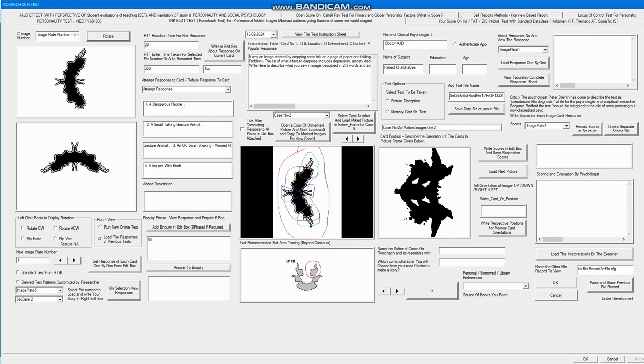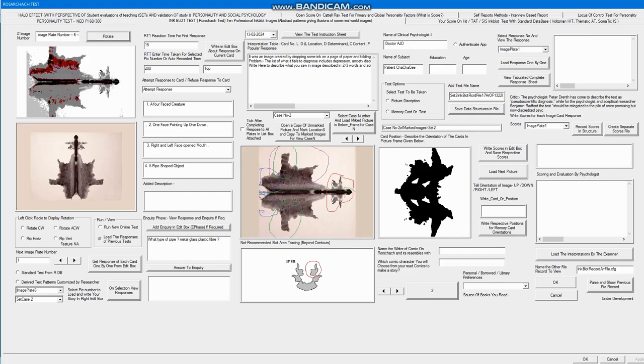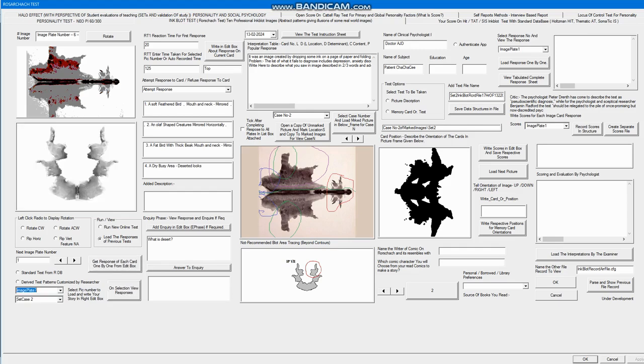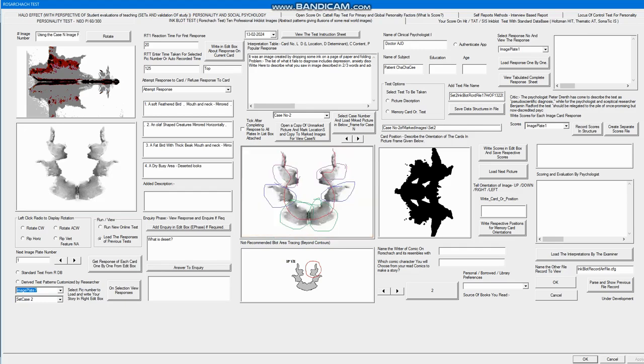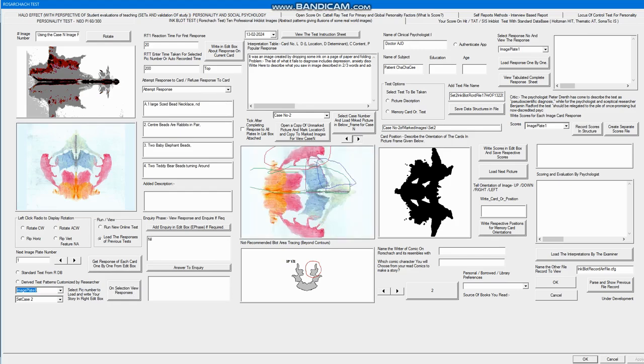This phase of obtaining responses to cards 1 to 10 is called the response phase or free association phase. Sometimes the subject may try to reject the card. A subject may keep on producing too many responses on a card. You may obtain 10 or more responses on a card, but 4 responses are enough for one card.